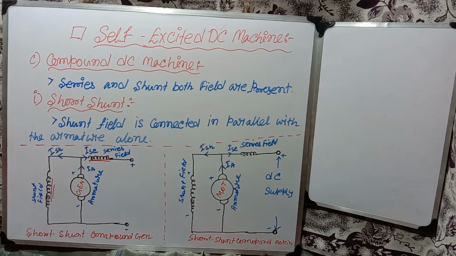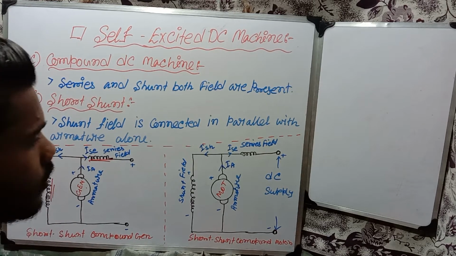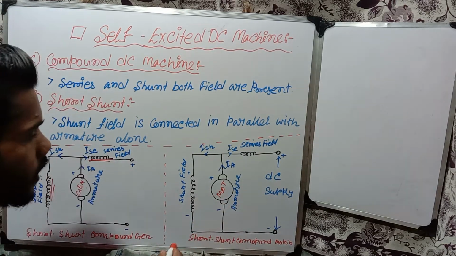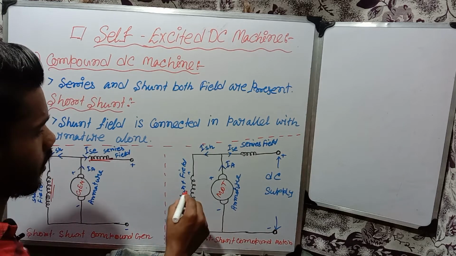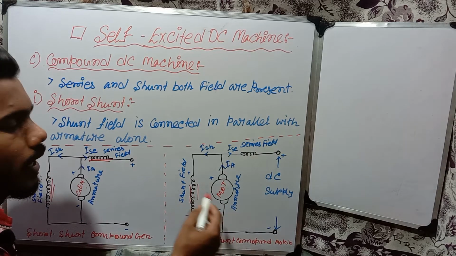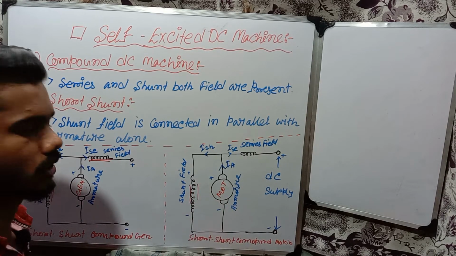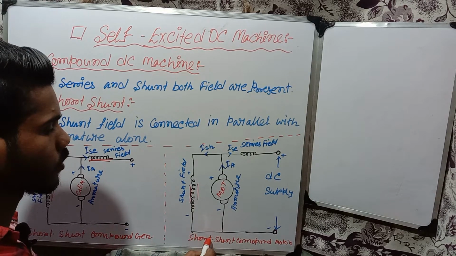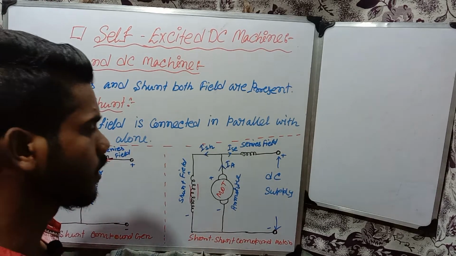So we can see only the shunt field is connected in parallel with the armature. So that's why we call this a short shunt compound generator. Similarly in this diagram we can see this shunt field is connected in parallel with the armature. That's why we call this DC machine a short shunt compound DC motor.